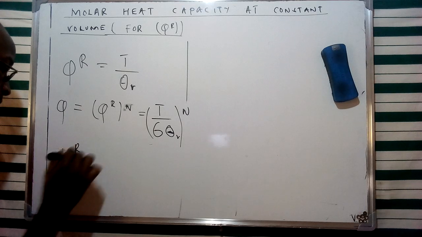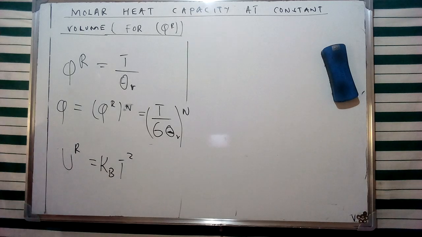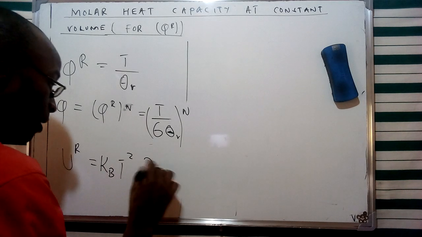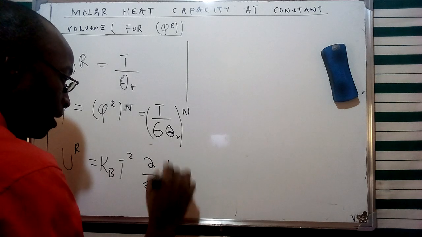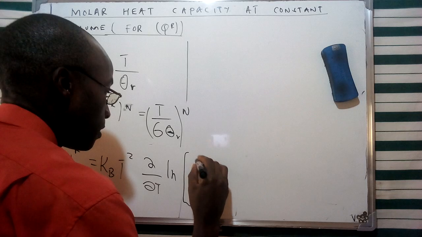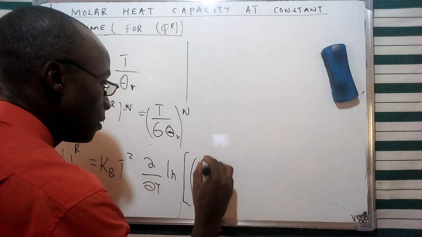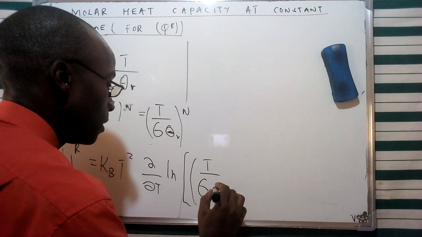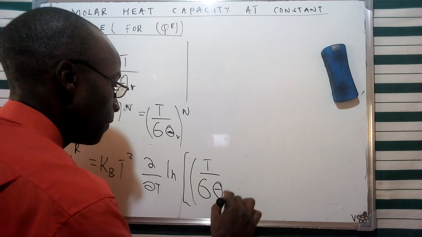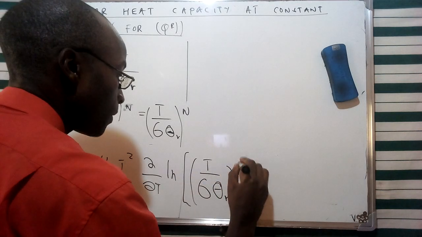The basic description for this kind of energy is the square of T, and then the partial derivative with respect to temperature of the natural log of Q. So we do a substitution for Q. In this case, Q is represented in terms of the symmetry number I've given, which is T all over the symmetry number, and this is raised to the power n.